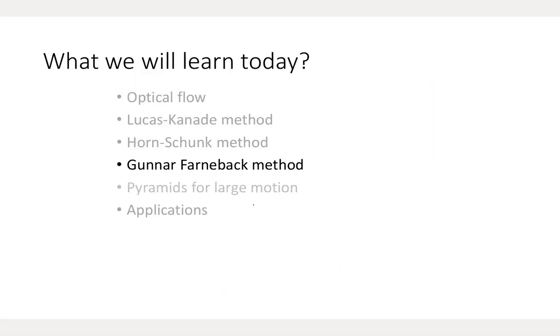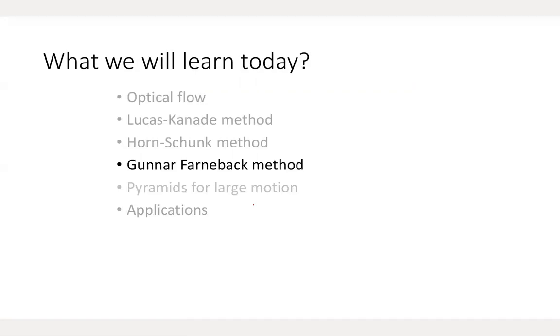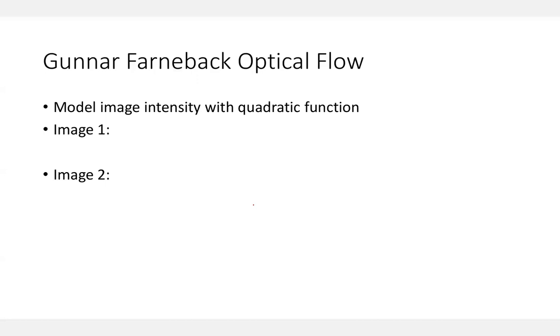Maybe just finally mention quickly the Gunnar Farneback method, because this is quite popular since it's implemented in OpenCV. On the surface this method is quite weird because it has some very weird assumption.